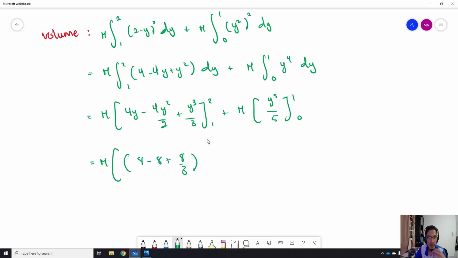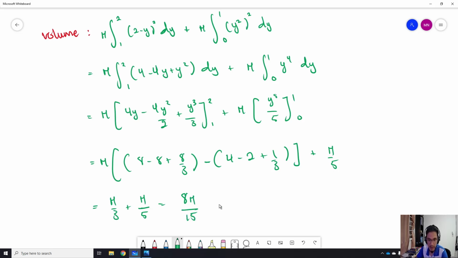This is the part where we substitute the value of 2. The part for substitution of the value of 1 becomes 4 minus 2 plus 1 over 3. For the other part it is just pi over 5. So our final answer is pi over 3 plus pi over 5, then it becomes 8 pi over 15.